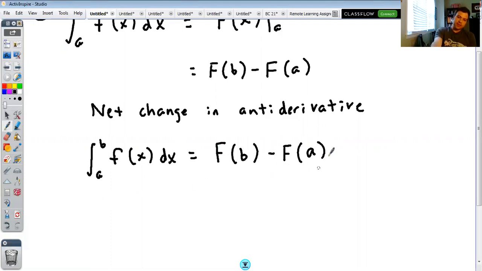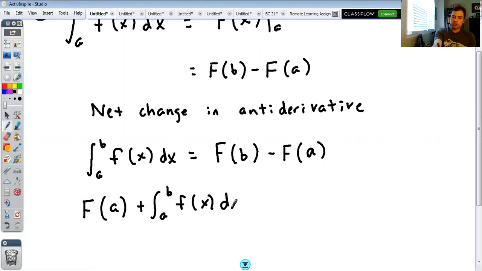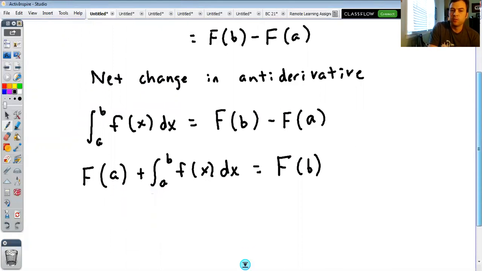What if I take this big F of a and I add it over to the other side? Now I've created a new expression that could be used to find the value of big F of b if I were to know the value of big F of a. So if I were given some point and then I calculate the net change from that point to my new point, I'm going to determine the value of my new point.